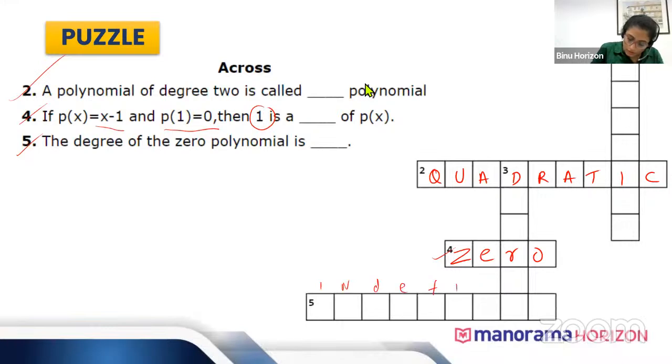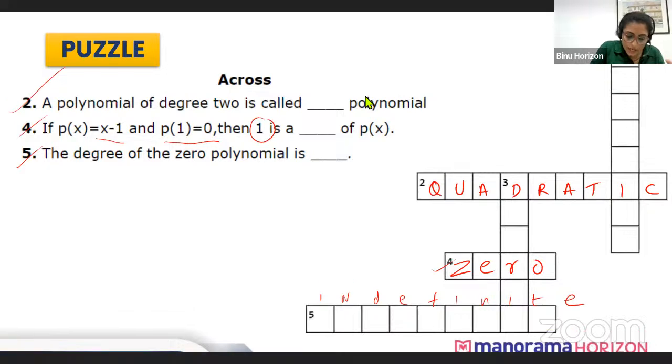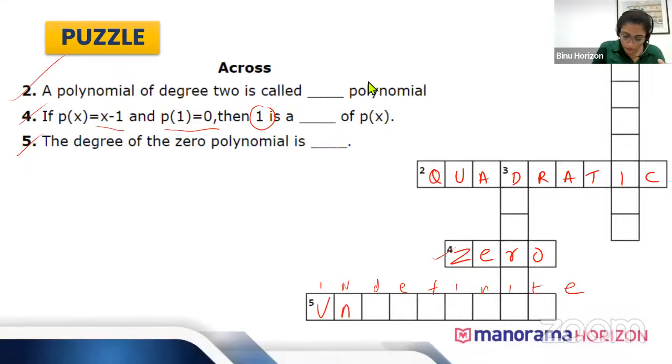Indefinite won't fit here. Any other answer? Yes, undefined. Correct, Niranjana. Indefinite won't fit, so we have to choose the correct answer as undefined.